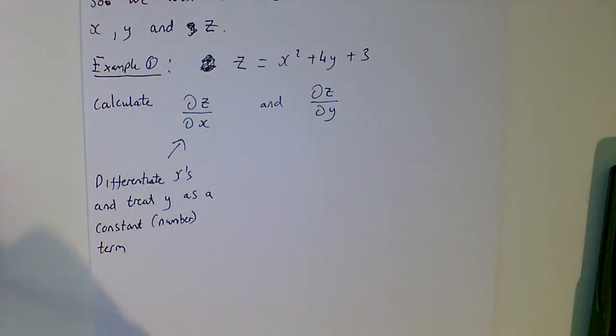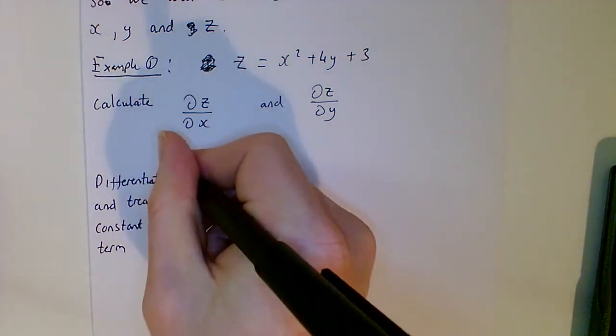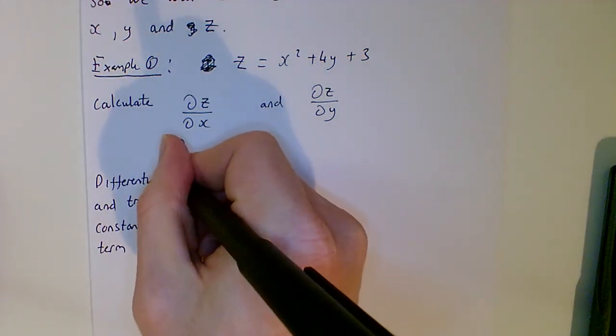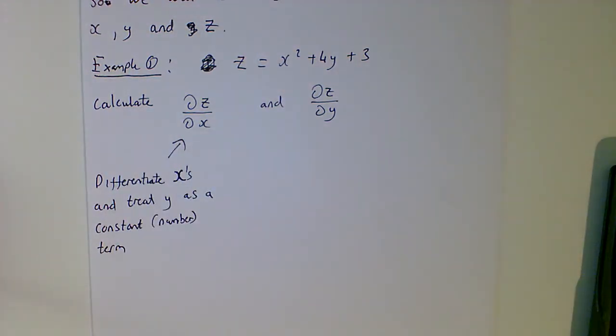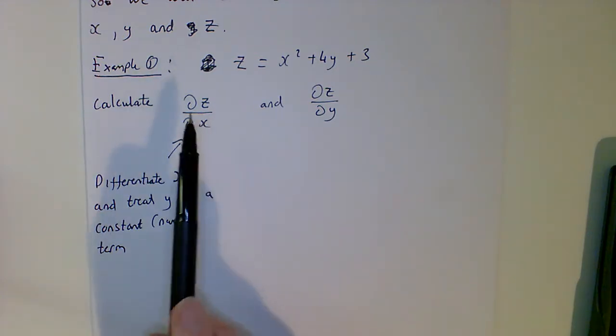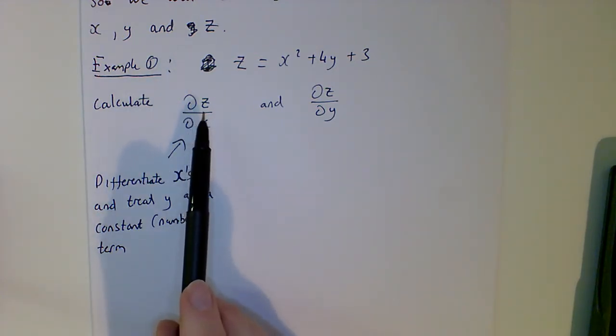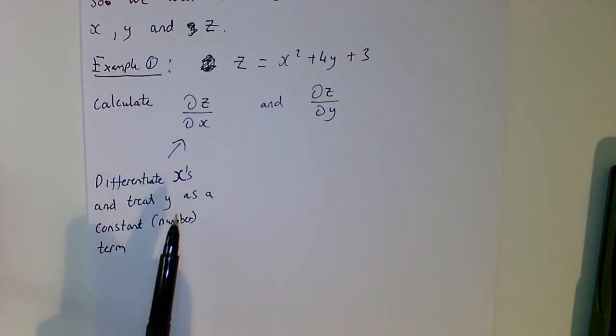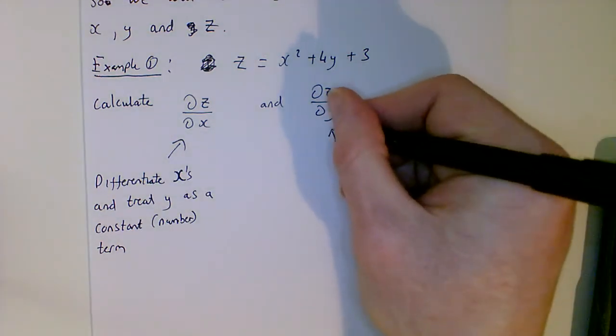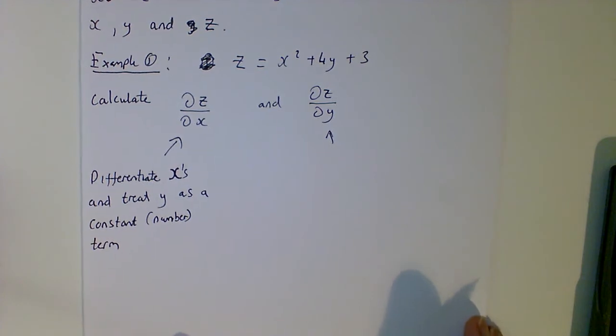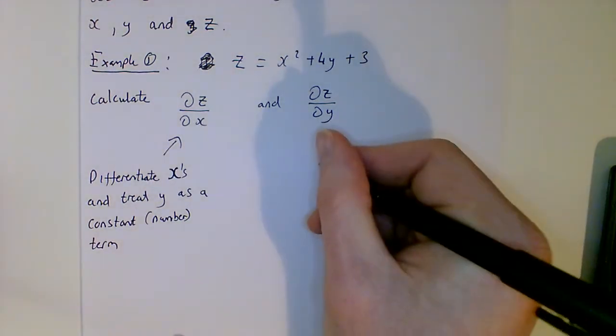Okay, so you differentiate your x's and you treat y as if it's a constant term if you're looking to partially differentiate z with respect to x. The x's are getting differentiated, the y's are getting treated as if they're a 2 or a 4 or something like that.